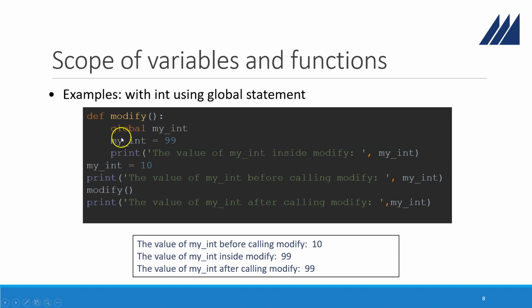That means if I change my int inside the modify function, this change is going to stay and it's going to impact the variable outside the function. As you see over here, I printed out my int inside modify is 99, and then I went back again. The value of my int after modify is 99. Changed this time. Okay, this is very important. Global was able to change it.